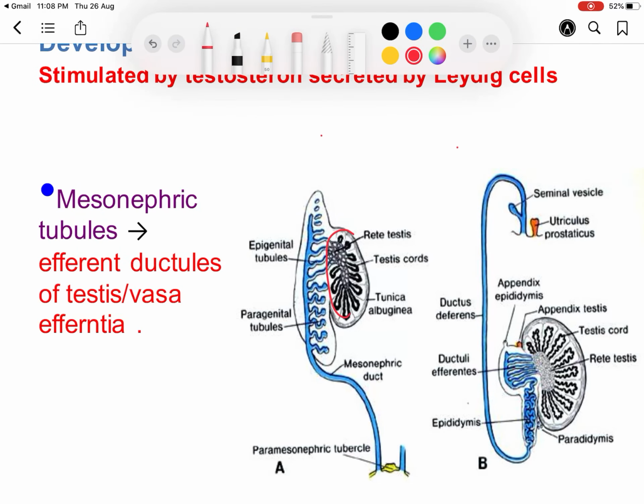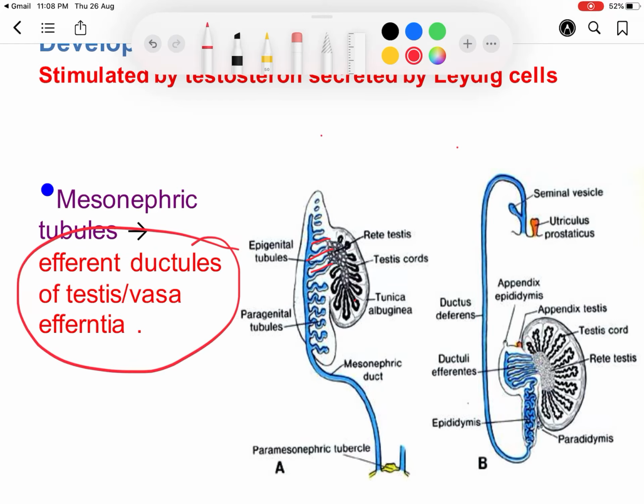You can see this is the rete testis and these are the mesonephric tubules, okay, and these are draining into the mesonephric duct. So many mesonephric tubules establish communication with the rete testis, and these communicating tubules will form the efferent ductules of testes or vasa efferentia, okay.